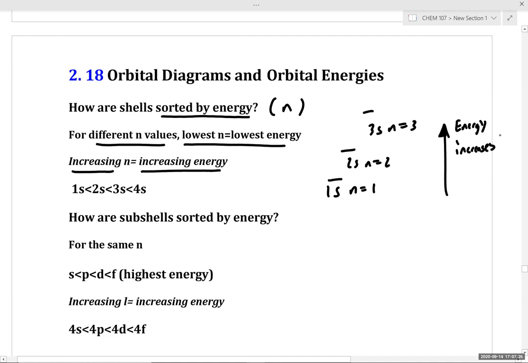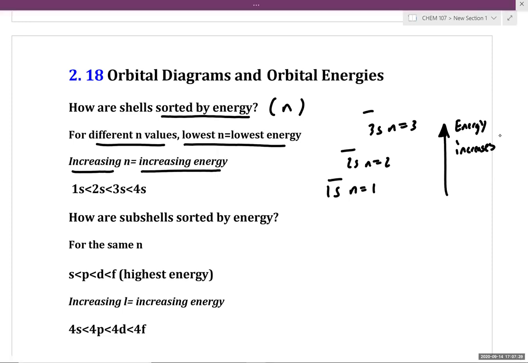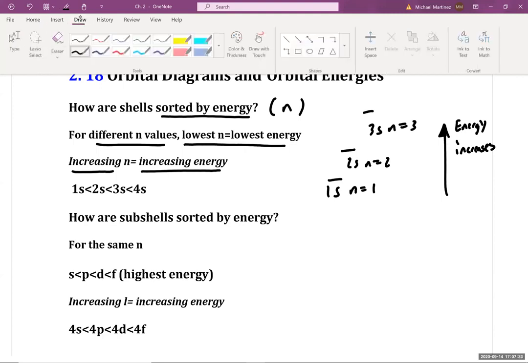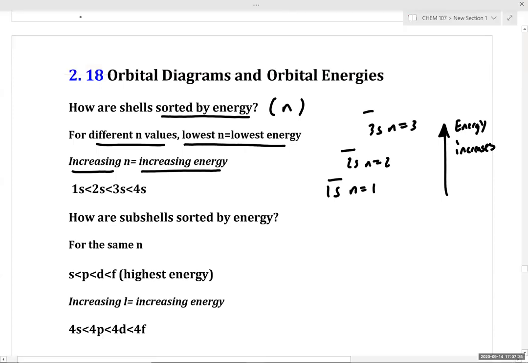Now, let's think a little bit about how subshells are sorted in terms of increasing energy.